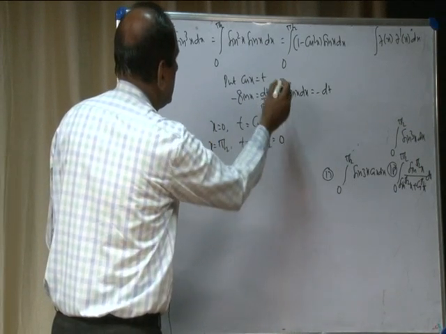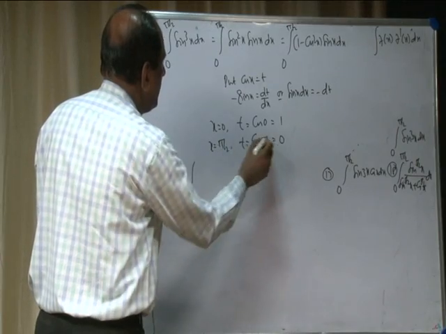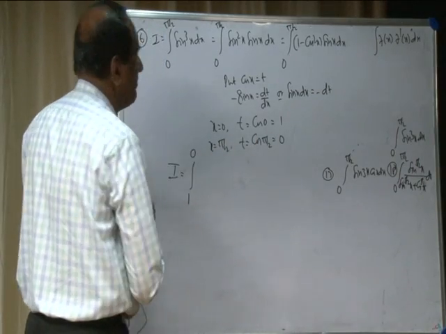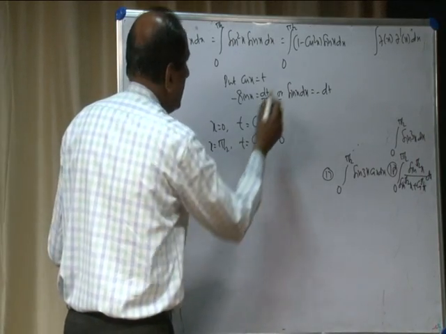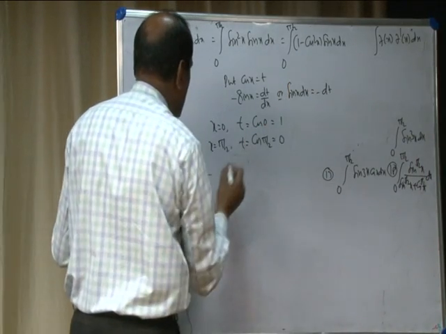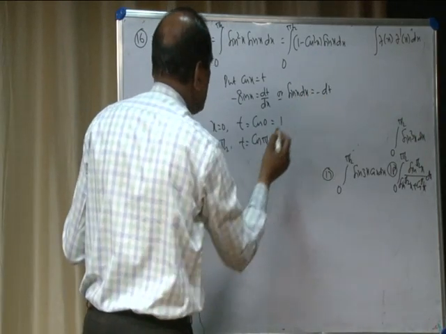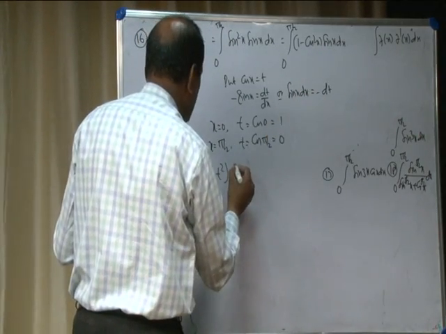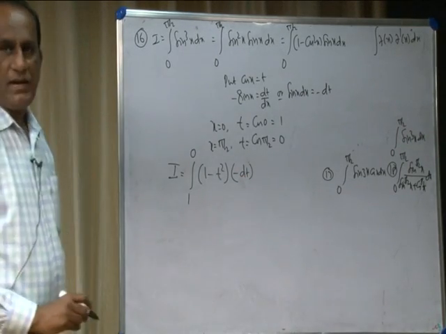Now, the given integral is equal to the integral from 1 to 0, since pi by 2 is 0, of 1 minus, cos x is t, so cos square x is t square, and sin x dx is minus dt. If there is a minus sign, write the bracket.